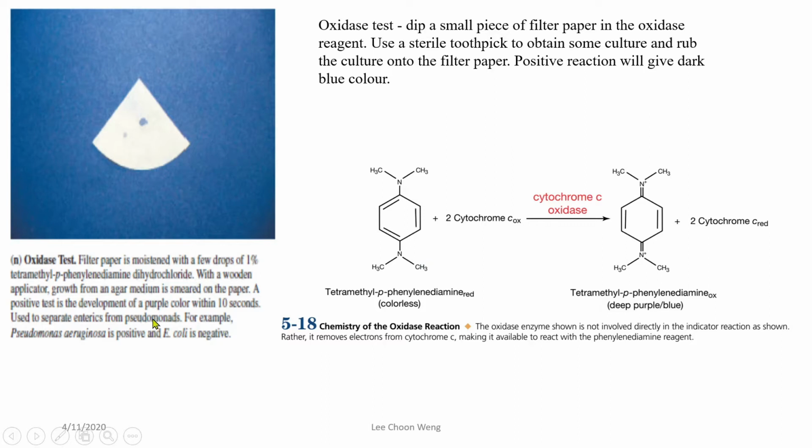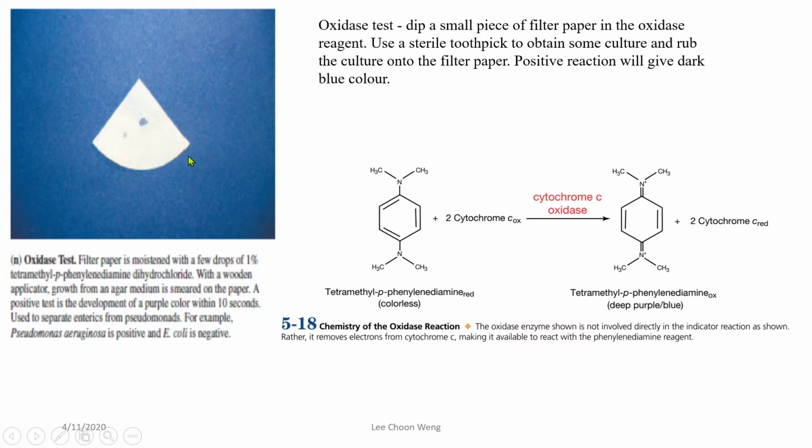Next, we look at the oxidase test. The oxidase test is to see if the bacteria has the cytochrome C oxidase. The reagent is tetramethyl-p-phenylenediamine, which is a colorless reagent. Usually we place a bit of the culture onto a filter paper and then drop the reagent on top.